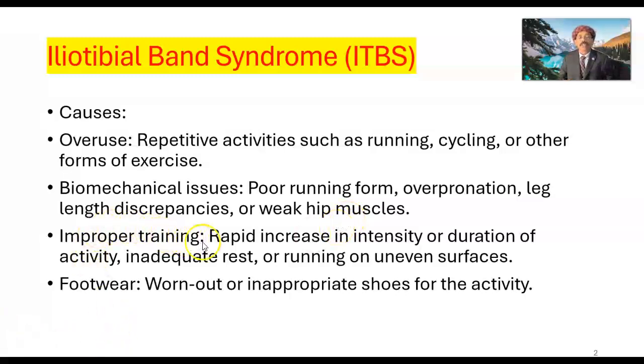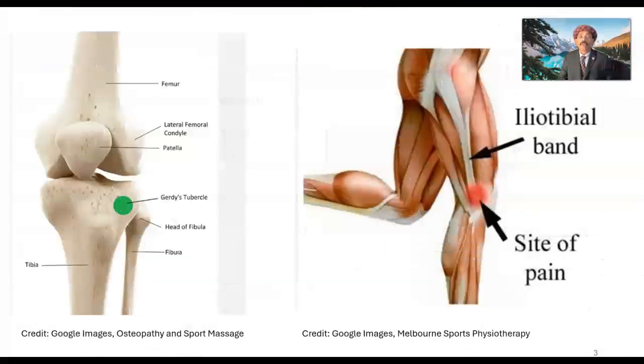Improper training: rapid increase in the intensity or duration of activity, inadequate rest, or running on uneven surfaces. Footwear: worn out or inappropriate shoes for the activity. So these are the causes of iliotibial band syndrome.